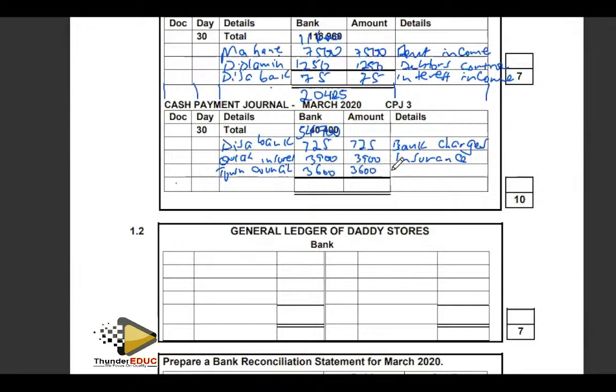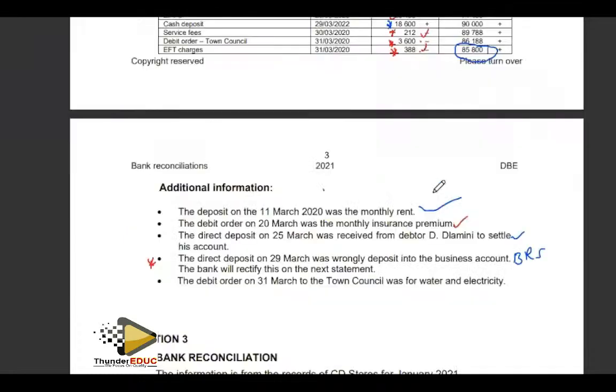So it was for water and electricity. Then I have to go back and check if I've done everything. So even this one is done. So I have to tick it off and say, okay, we are done with this also, which is okay.